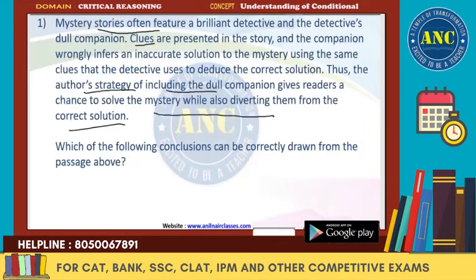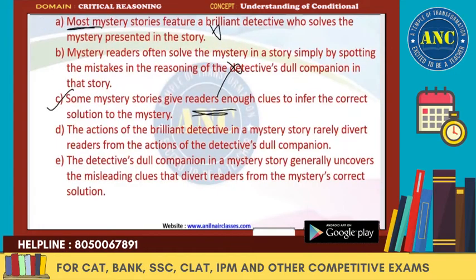Now, if you look for the facts in the stimulus, does this support the answer? No. Although the dull companion diverts readers from the correct solution is mentioned, we do not know if actions of the brilliant detective rarely divert readers from the actions of the dull companion, right? Hence, not even option D.